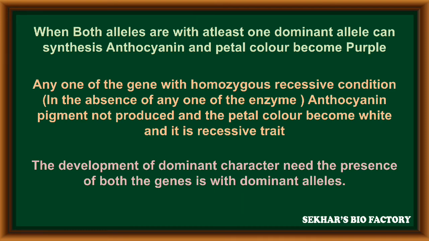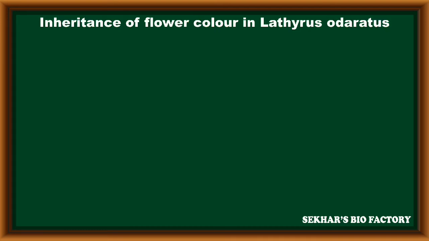So let us discuss how the inheritance pattern of flower color is seen in Lathyrus odoratus. In this interaction, first we take two plants as parents, one plant having purple color flowers and another parental plant having white color flowers.